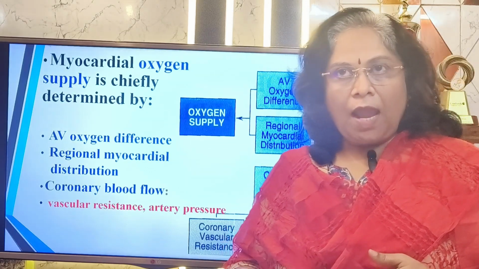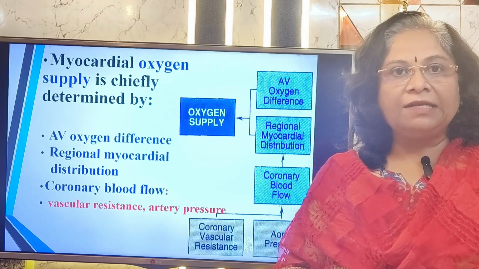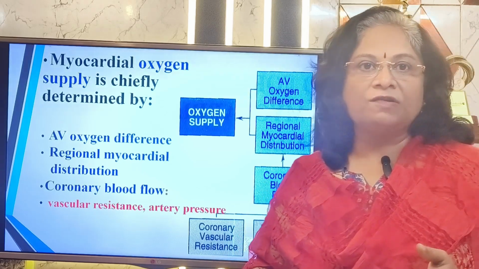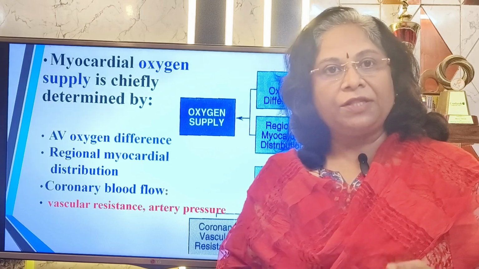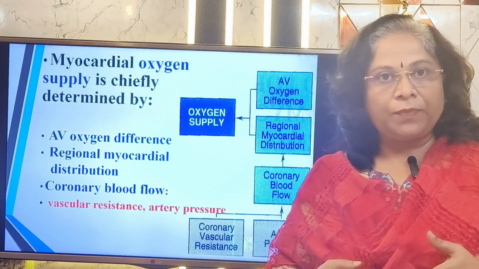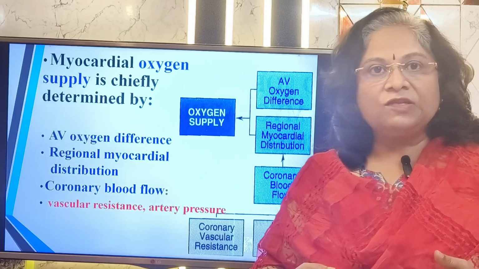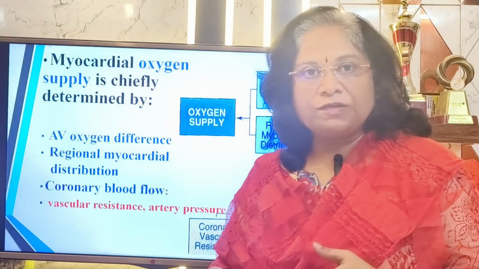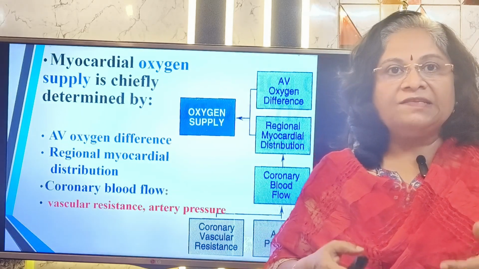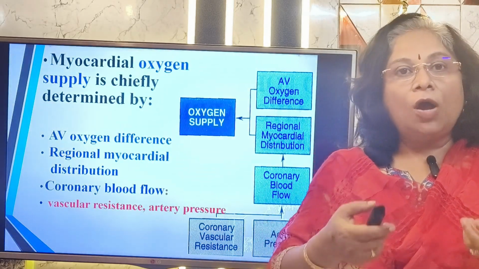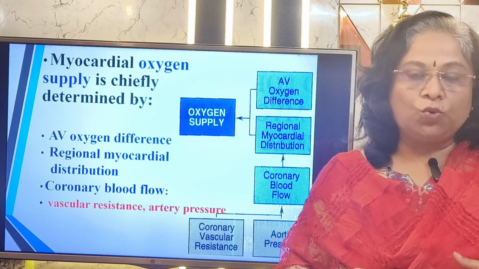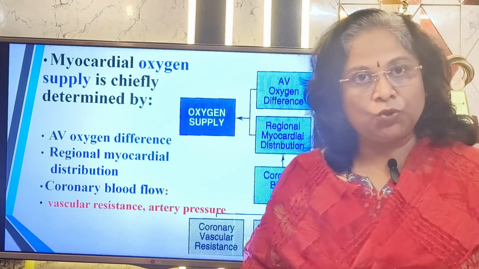Arteriovenous oxygen difference is nothing but the difference in the oxygen content of the artery and the veins. And practically we can see that it is around 4 to 5 ml of oxygen which is always derived by the tissue per beat per gram of the tissue. So this arteriovenous oxygen difference depends upon how much oxygen is demanded by the tissue or extracted from the blood by the tissue.